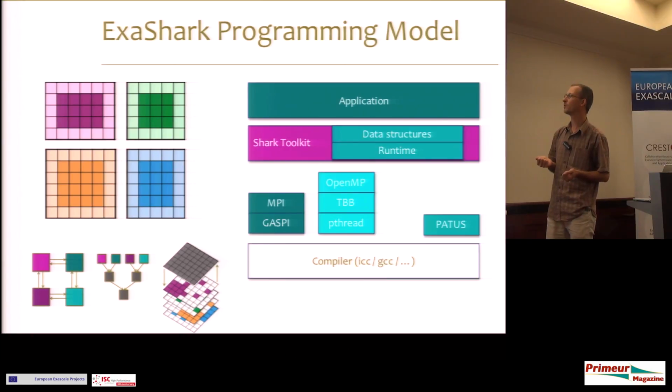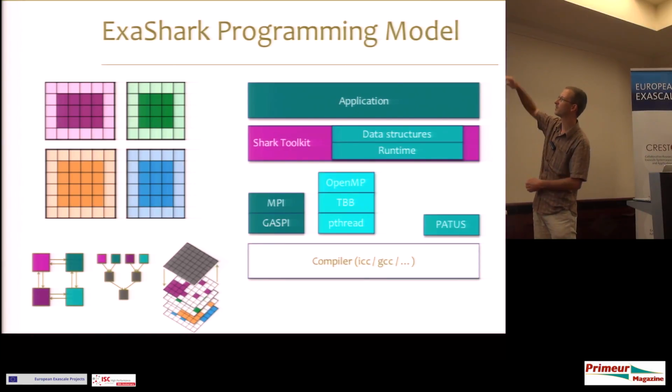So what we try to do is we have a Shark library, which is a library for these regular grids, which is in between your application and all of these other libraries.